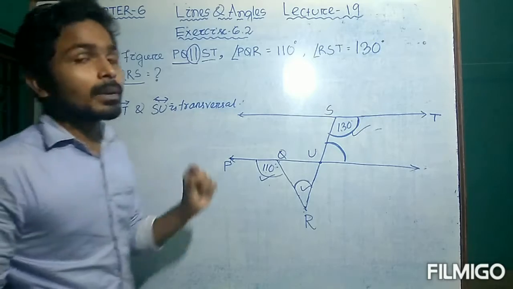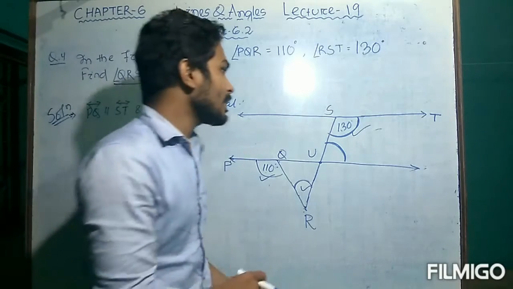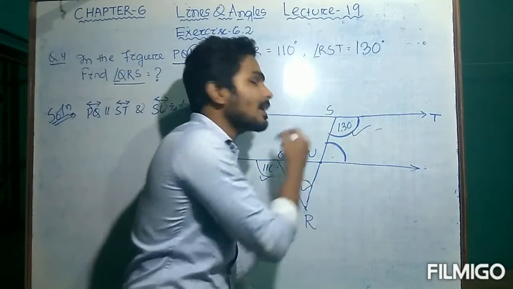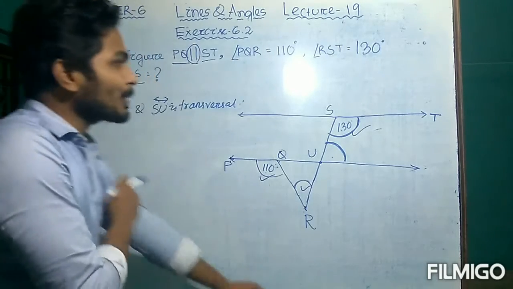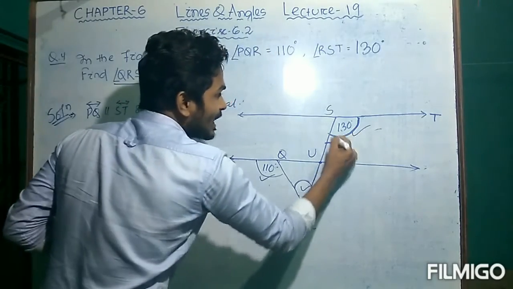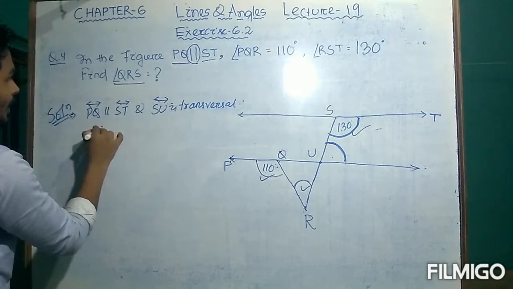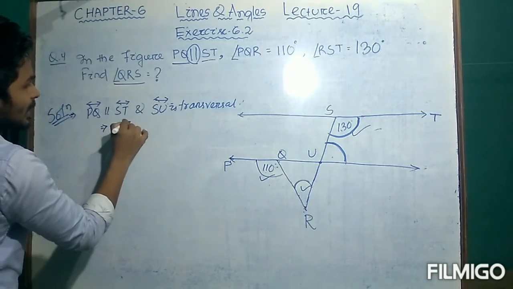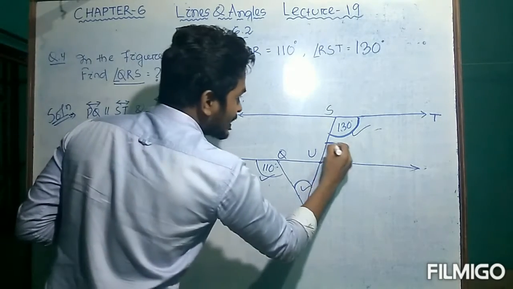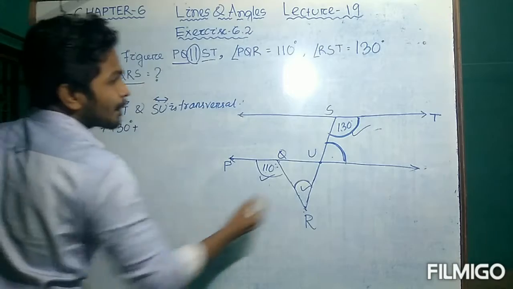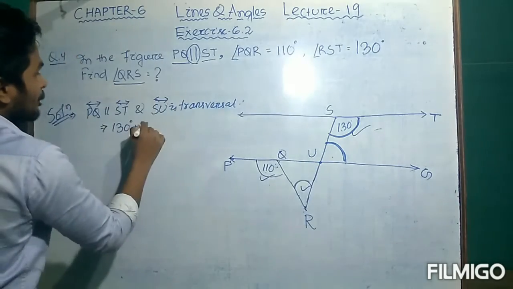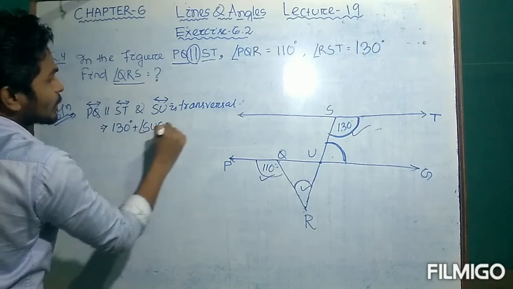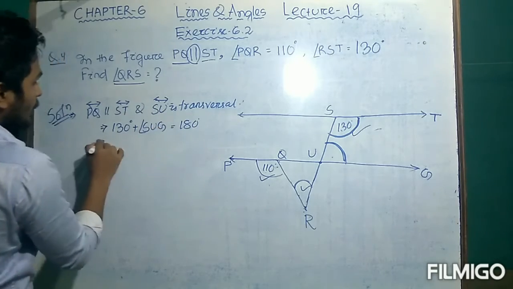So these two types of angles are known as co-interior angles. And according to theorem number 6.4, we know that the sum of two co-interior angles is equal to 180 degrees. So we can write this angle plus this angle, that means 130 degrees plus this angle, SUG, suppose this is a point G, is equal to 180 degrees.